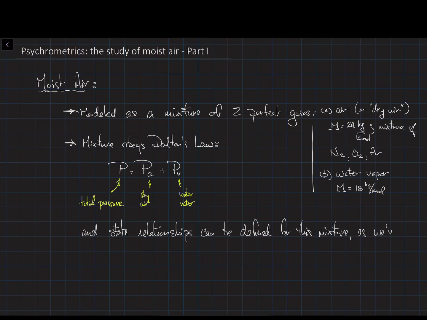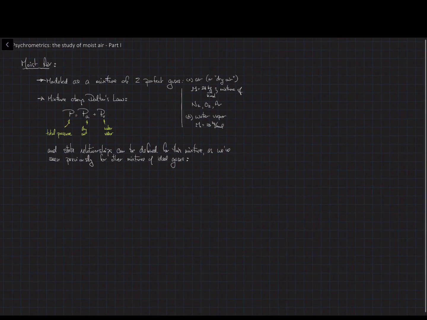And specifically, we're going to be talking about enthalpy, but we can repeat it fairly straightforwardly for internal energy as well. So let's see, for enthalpy, we're going to have the enthalpy of the total mixture, which is going to be a function of temperature.